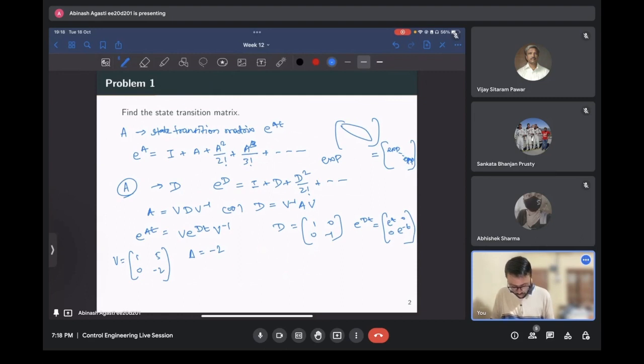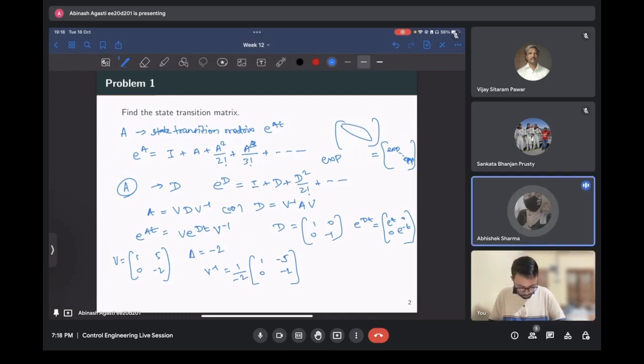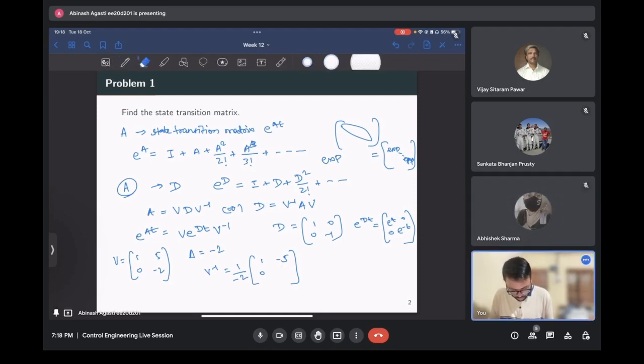And the inverse is 1, minus 2... minus 2, 1.